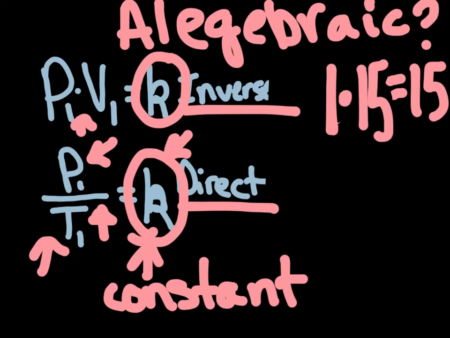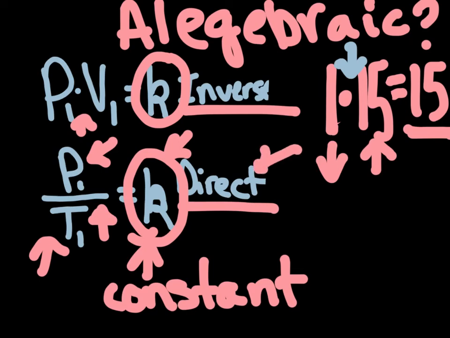So as one goes down, in order to keep the same constant, the other must go up because they are multiplied together.